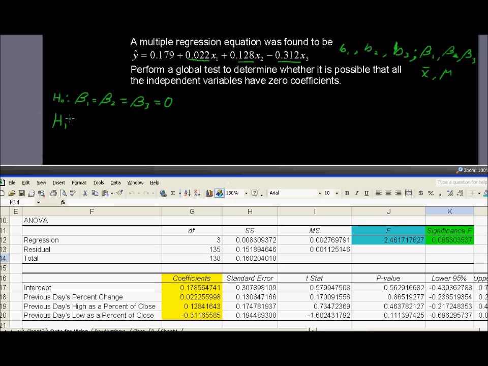Or the alternative would say at least one of these is not 0, or not all coefficients are 0. So we have these opposing ideas, as we do in the null and alternative hypotheses with all hypothesis tests. So the next step is to find the p-value.